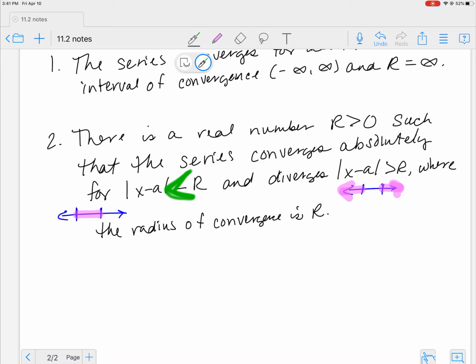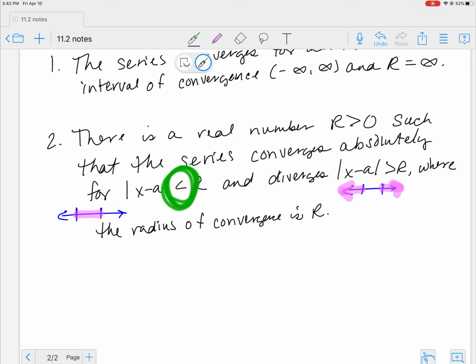This symbol is less than. However, I'm going to do a great big however, and we're going to do some examples. I don't know if this is going to be brackets or parentheses. We have a test that we're going to have to do to determine, for this radius of convergence in this interval of convergence, whether my endpoints actually converge or not.